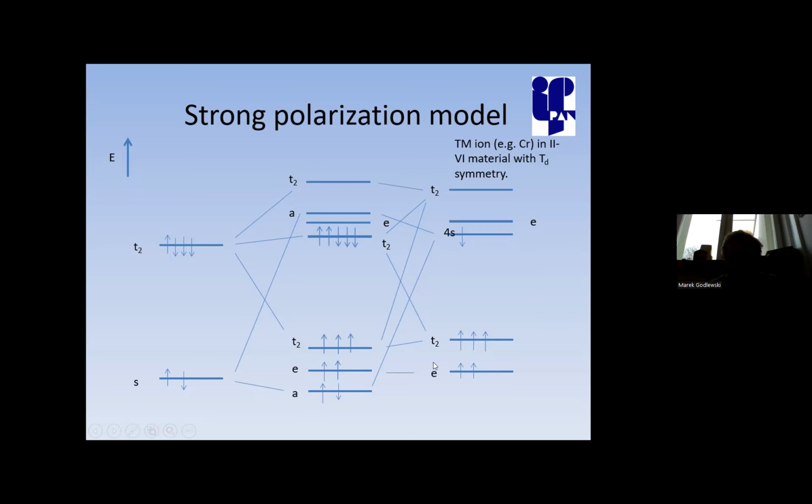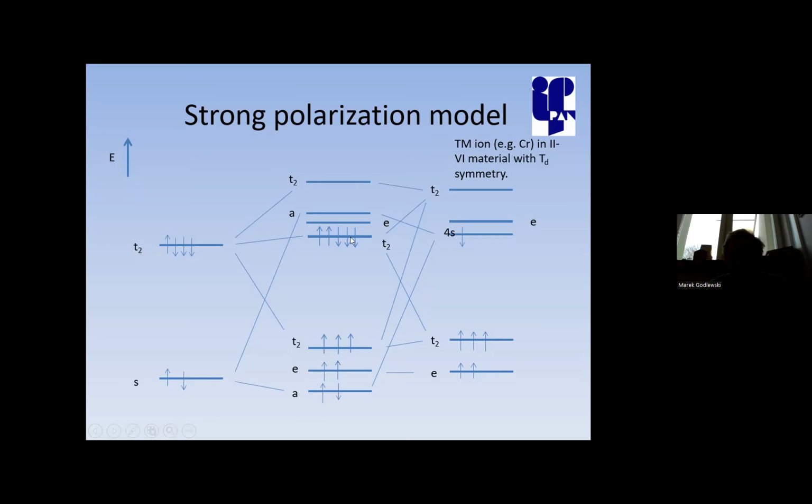States of the same symmetry should interact. This S state should interact with the S states from chromium, so it is pushed a little down. E states are not affected, but T2 states are affected because they interact, and that one is pushed down a little compared to the situation for the atom in vacuum, and the upper one is pushed up. And this one is also affected.